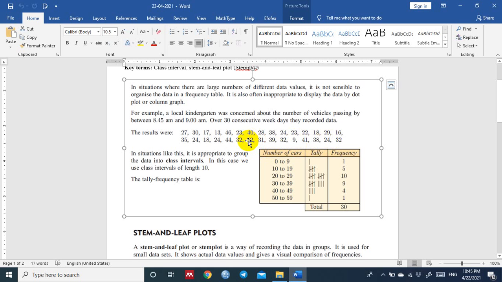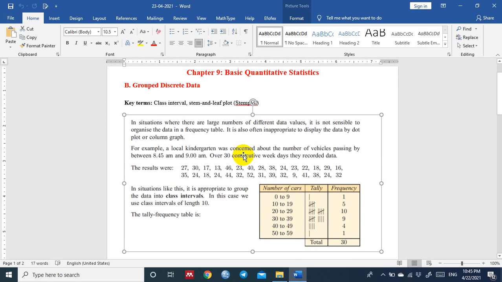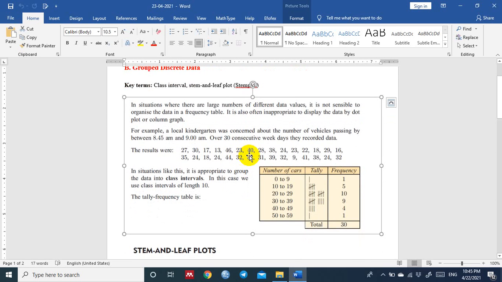So imagine if you draw a bar graph or a dot plot, how many bars would you need to plot that graph? From 9 to 52, I think it's more than 30 bars.